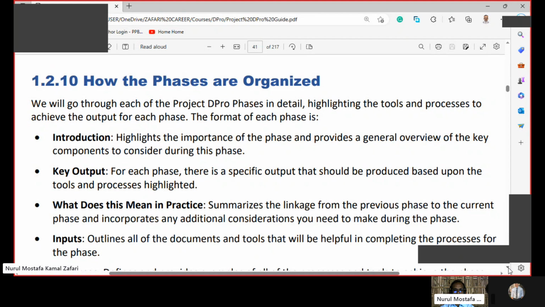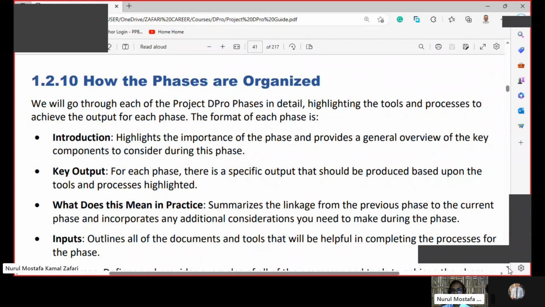So in this portion, it explains the structure of the lessons. Key output for each phase: there is a specific output that should be produced based upon the tools and processes highlighted. What does this mean in practice? It summarizes the linkage from the previous phase to the current phase and incorporates any additional considerations you need to make during the phase.